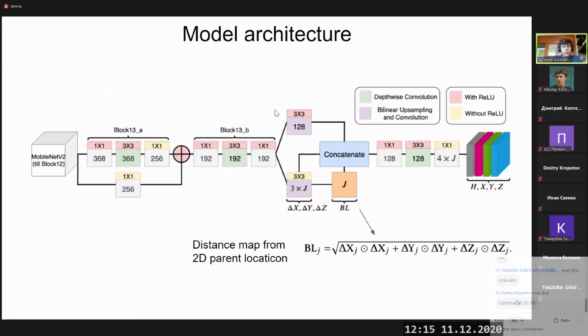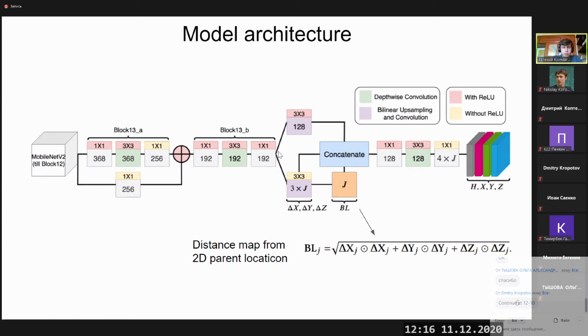Here is depicted the model architecture. They use MobileNet as an encoder and have 2 ResNet-like blocks.